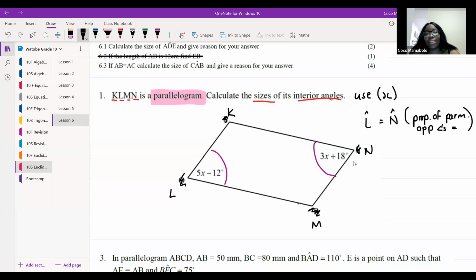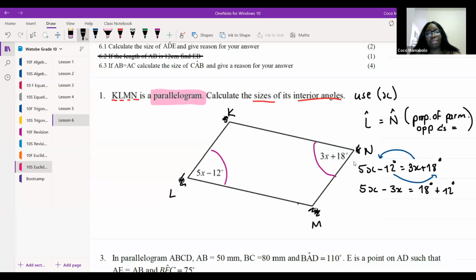Then I can write down my equation. Therefore 5x minus 12 degrees is equal to 3x plus 18 degrees. I'm skipping space, guys, because I'm running out of space. Then we just solve for x. I'm going to take my 3x over to the other side and it will become negative. My negative 12 will come over and become positive. I will end up with 5x minus 3x is equal to 18 degrees plus 12 degrees.